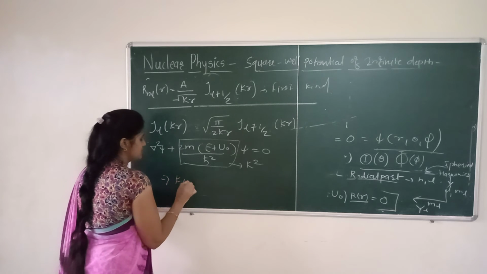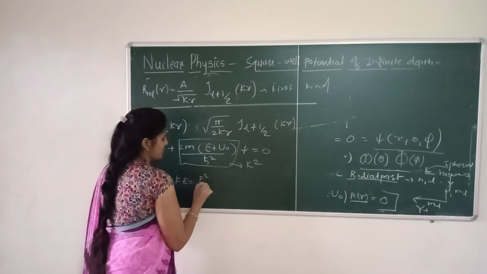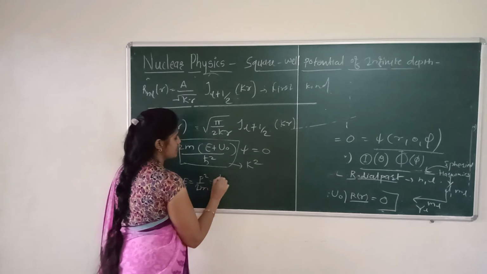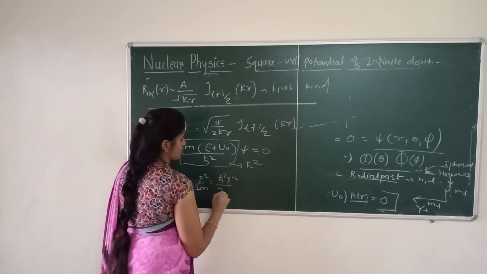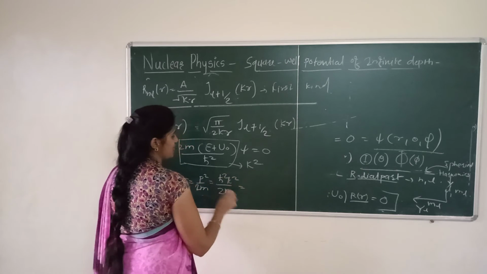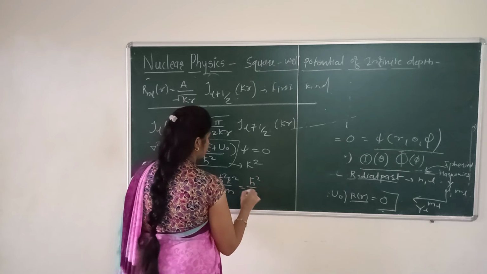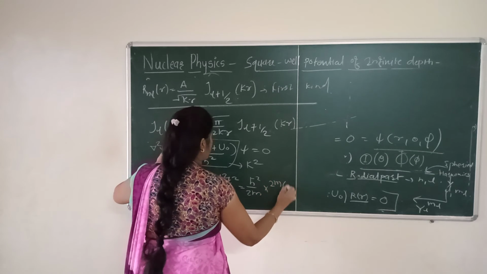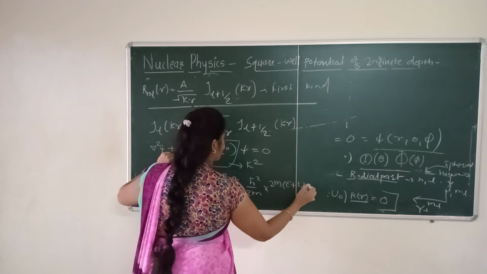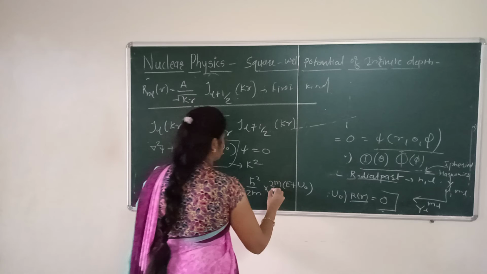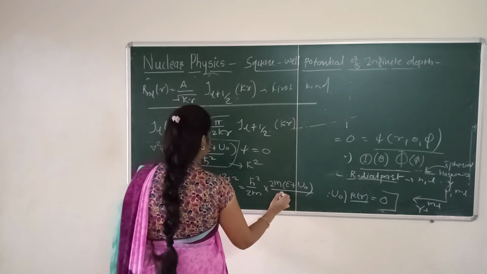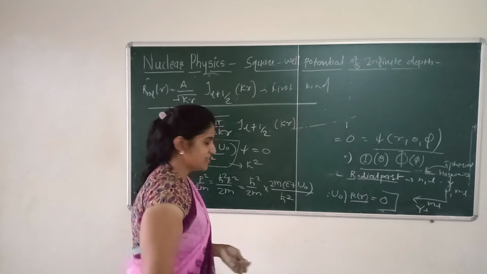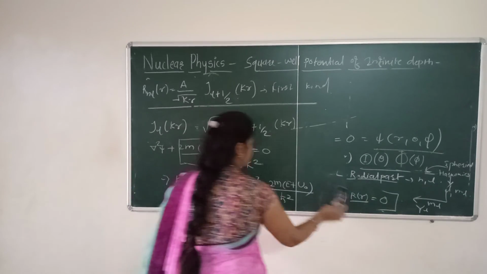And kinetic energy is given by P square divided by 2m, where P is equal to h cross K. Just put the value of K square here. Okay, that will be our kinetic energy.